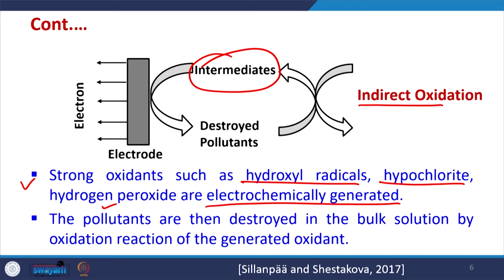These strong oxidants then oxidize the pollutants, which get destroyed in the bulk solution by oxidation reaction with the generated oxidants. So, first strong oxidants are generated, and then degradation happens, with the pollutants destroyed in the bulk of the solution. This is called indirect oxidation.